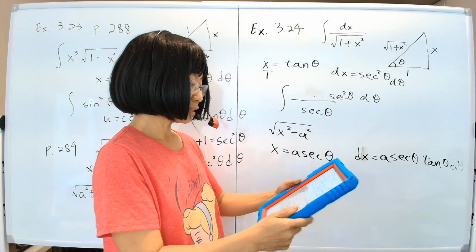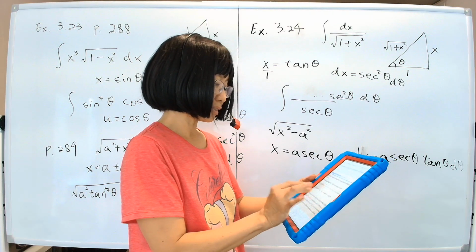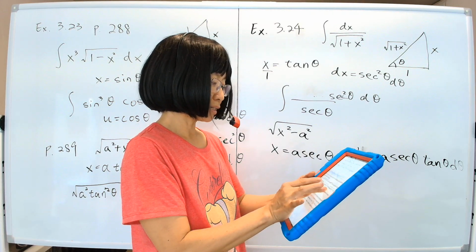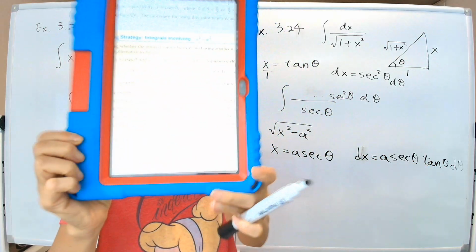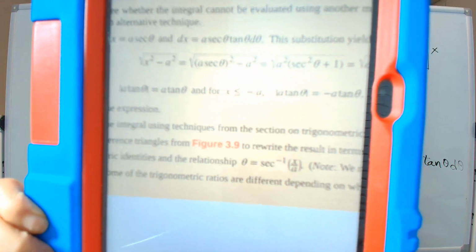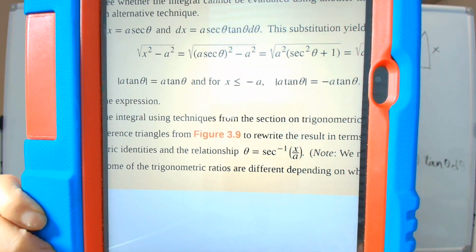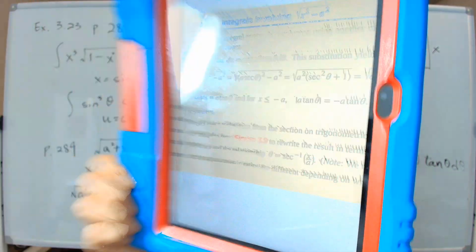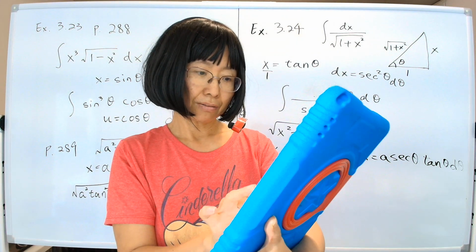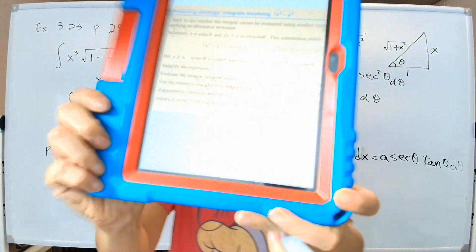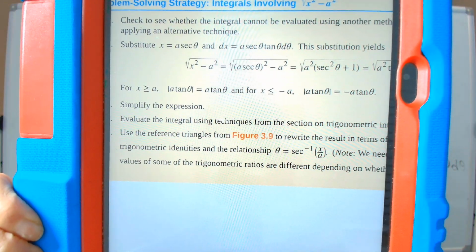And when you take the square root, the result has to be just a tangent theta for x bigger than a, where everything's positive and we're all happy.